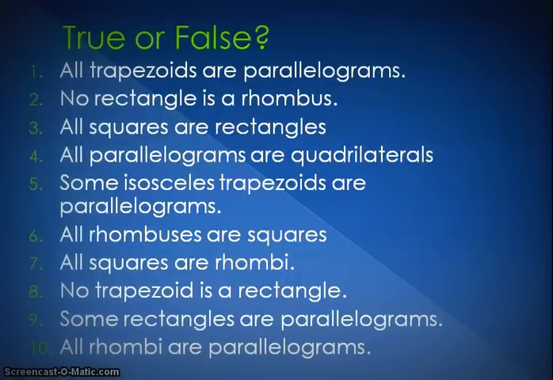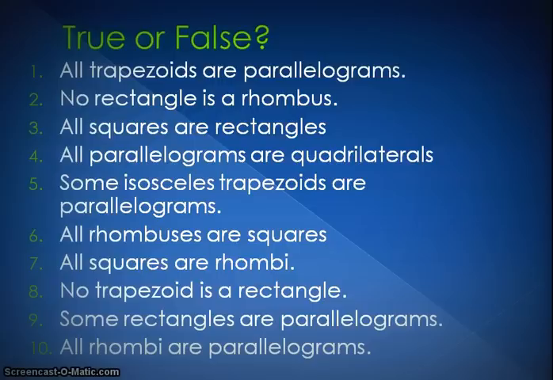True or false? True or false? All trapezoids are parallelograms. Go ahead, take a moment, write down your answer. True or false? No rectangle is a rhombus. All squares are rectangles. All parallelograms are quadrilaterals.